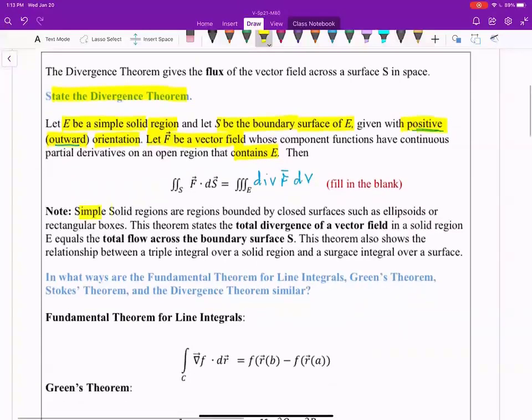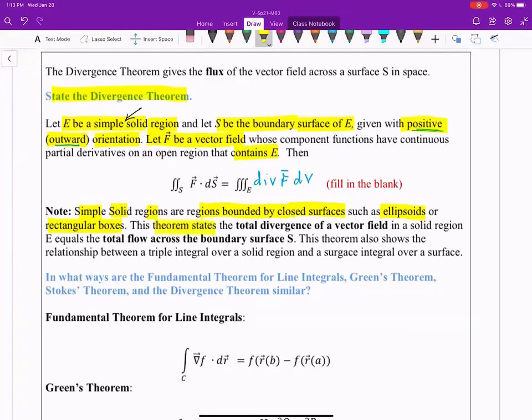So what are simple solid regions, which is what we see on E? They are regions bounded by closed surfaces such as ellipsoids or rectangular boxes. So it makes sense to say positive outward orientation.